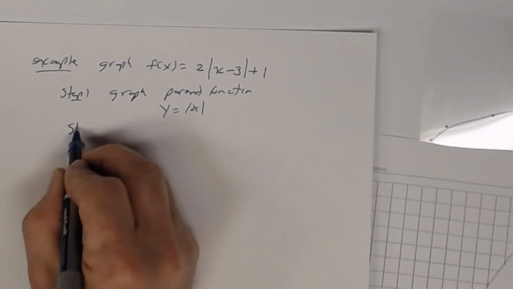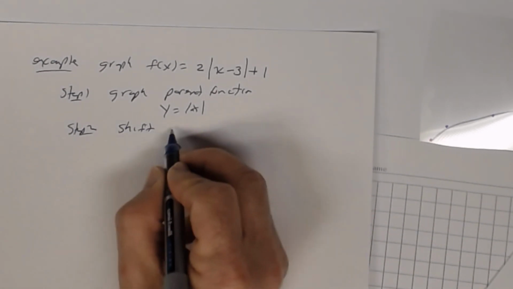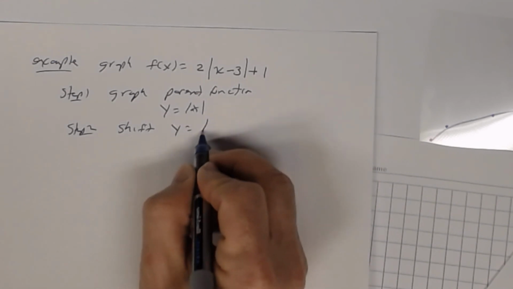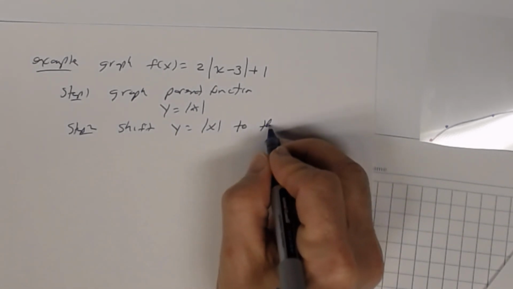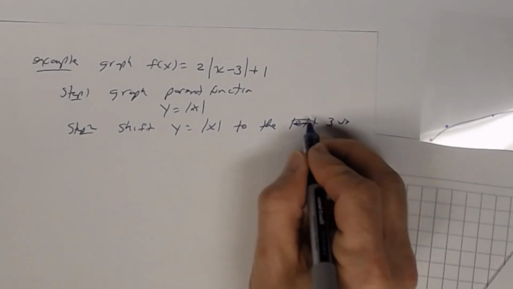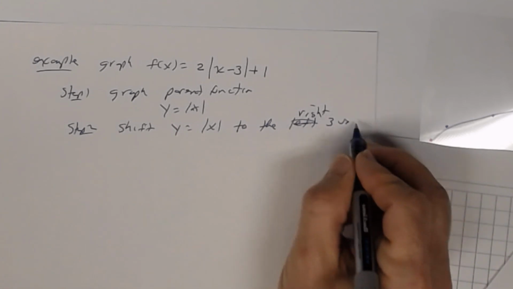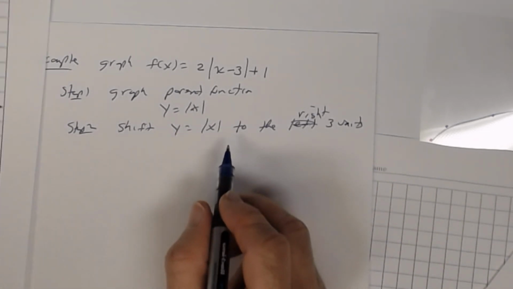So step 2 is you're going to shift y equals absolute value of x, it's right here, to the left 3, I'm sorry, to the right 3 units. So that's your step 2. So you're going to take this and shift it to the right 3 units.